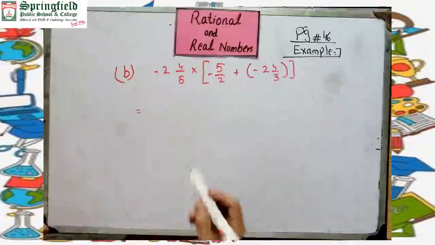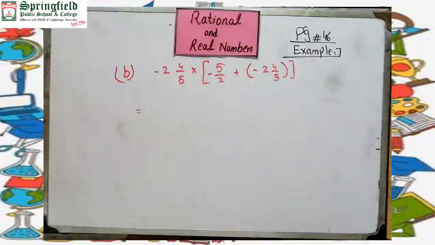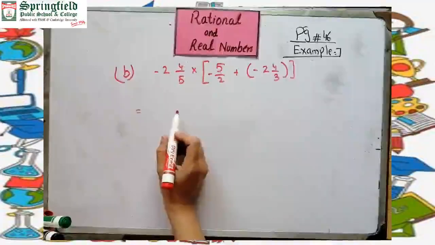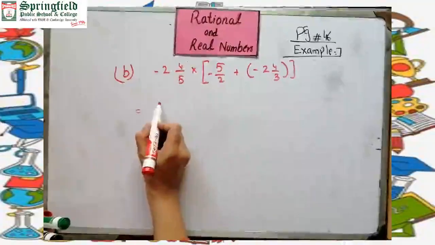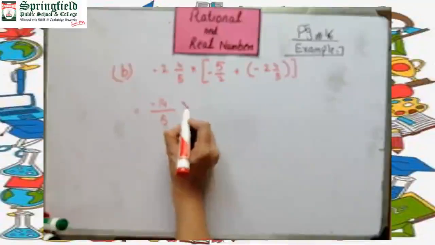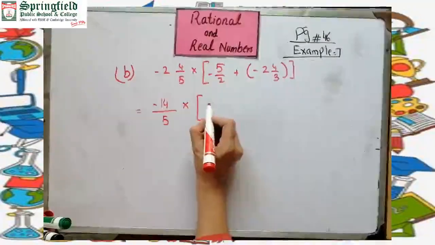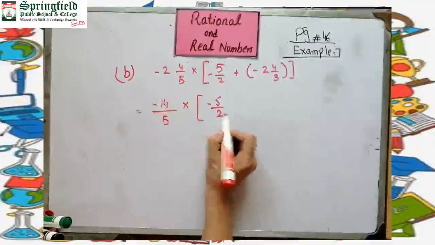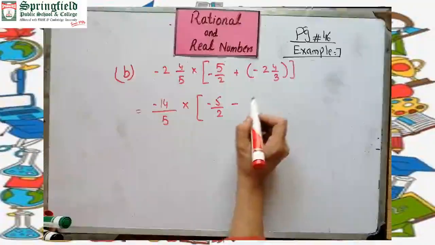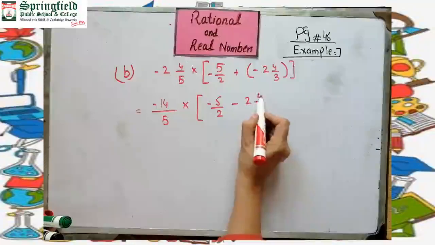So beta, as we know, first we will solve the bracket, and in the bracket first we will solve the small bracket and then the square bracket. Okay, now 5 2s are 10 and plus 14 by 5, it can be written as 14 by 5 multiply. Now open the small bracket, the sign will multiply, minus plus minus, and it will become 2 whole 4 by 3.